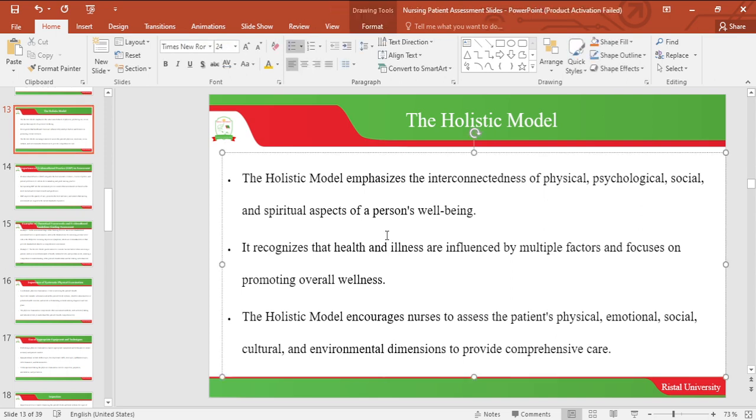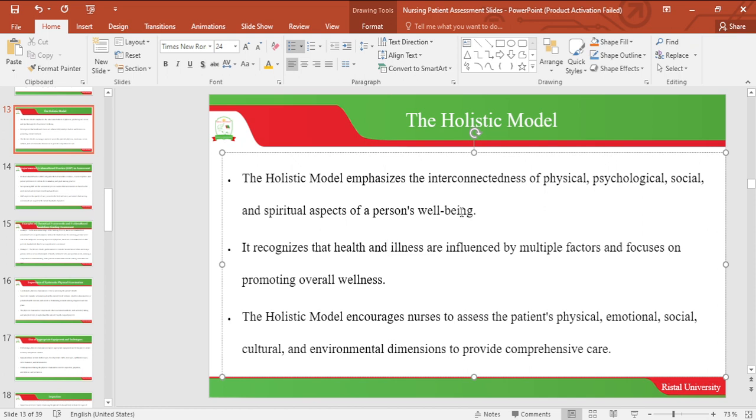Let's look at the holistic model. The holistic model emphasizes the interconnectedness of physical, psychological, social, and spiritual aspects of a patient's well-being. The holistic model also recognizes that health and illness are influenced by multiple factors, and it focuses on promoting overall wellness.